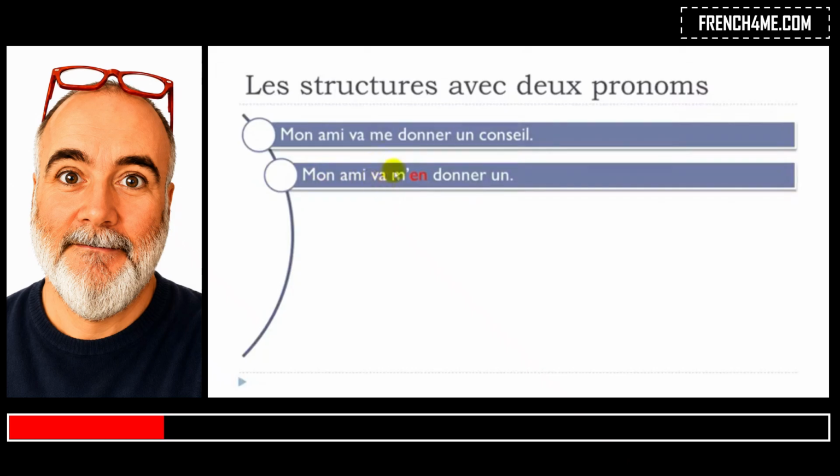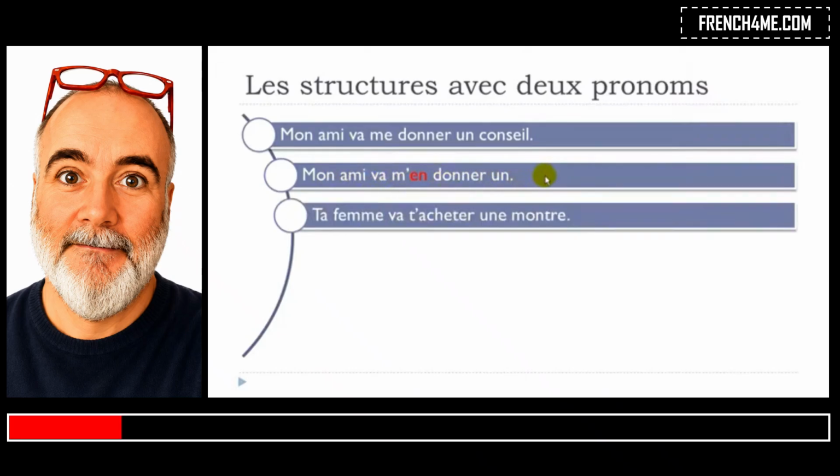And then you will put your pronouns. So me here, of course, the e is going away. Then you've got your pronoun en before the second verb. Donner, to give, that's the second verb here, in infinitive form, as usual in French when we've got two verbs. So, mon ami va m'en donner un.